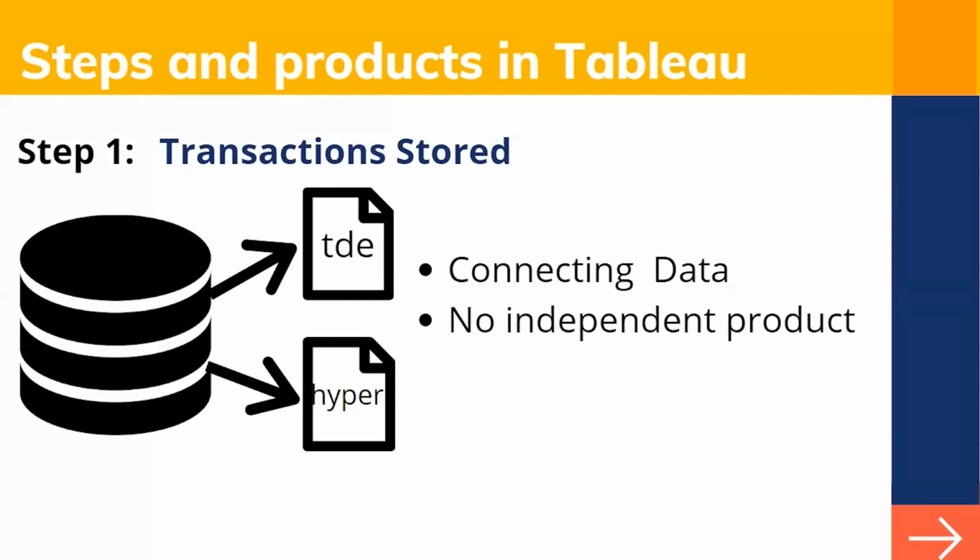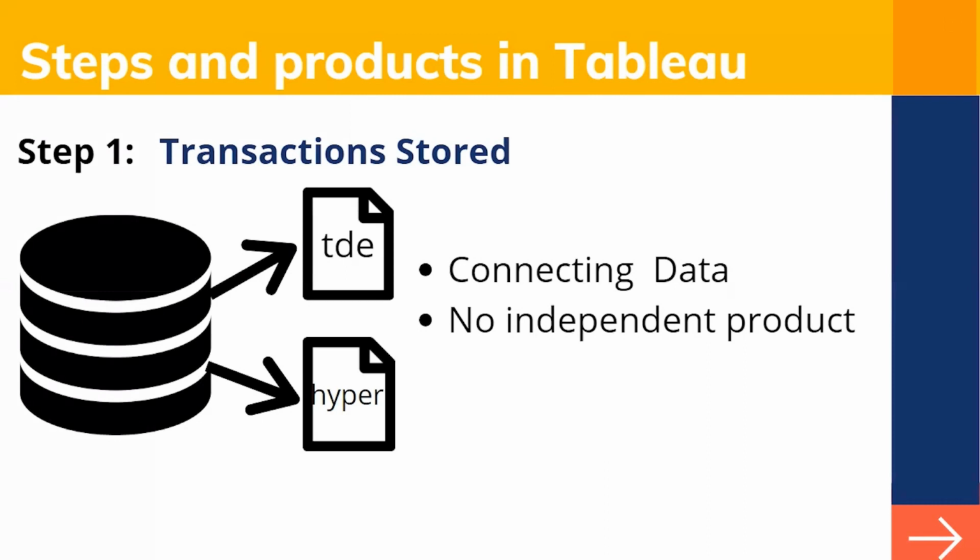So first thing, what is happening? The first thing is, of course, you will have to store the data somewhere. Okay. Most of the time it is going to be a database, right? So Tableau will help you store the data in the form of the TDE file system, which is your Tableau file system.